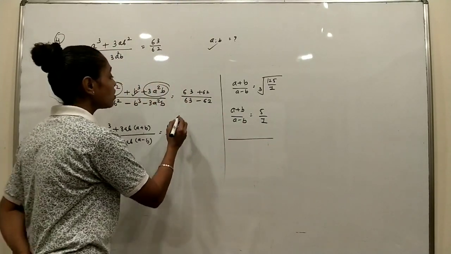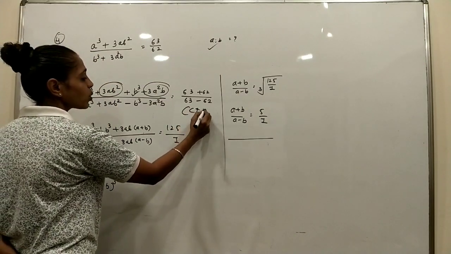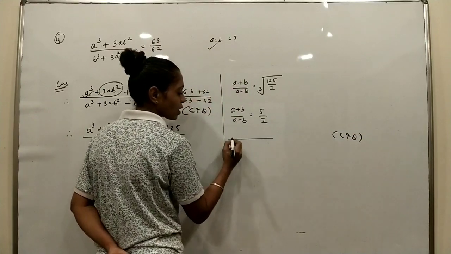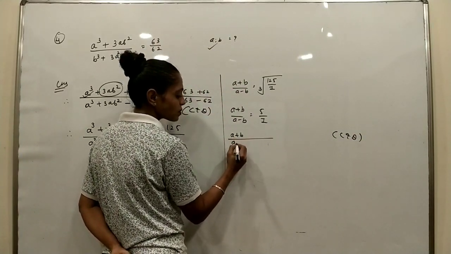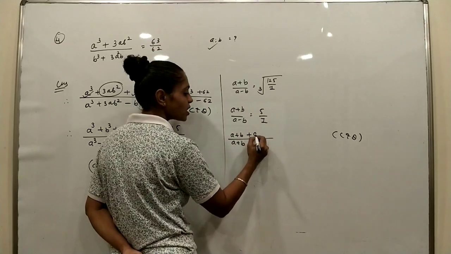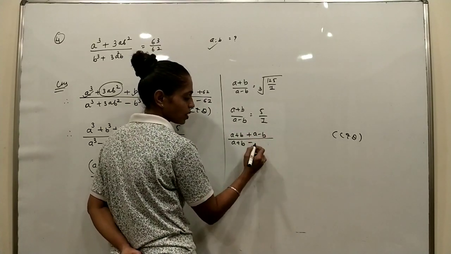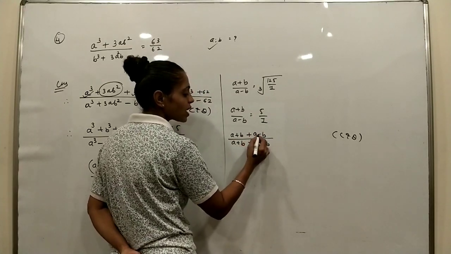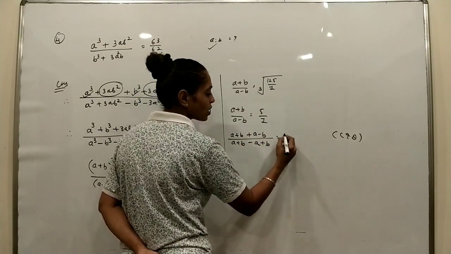Again componendo and dividendo. Numerator plus denominator over numerator minus denominator: a plus b plus a minus b, over a plus b minus a plus b.